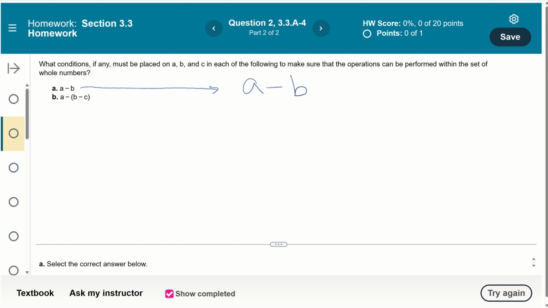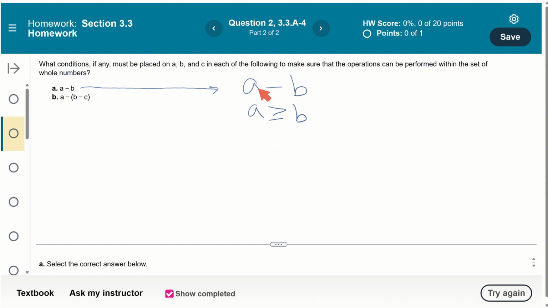The only way that's going to happen is if A is greater than B. But can it be equal to B? That's fine too, because in that case you would get B minus B, which is 0. So the stipulation here should be A is greater than or equal to B. As long as that happens, the result of the subtraction is going to remain a whole number.